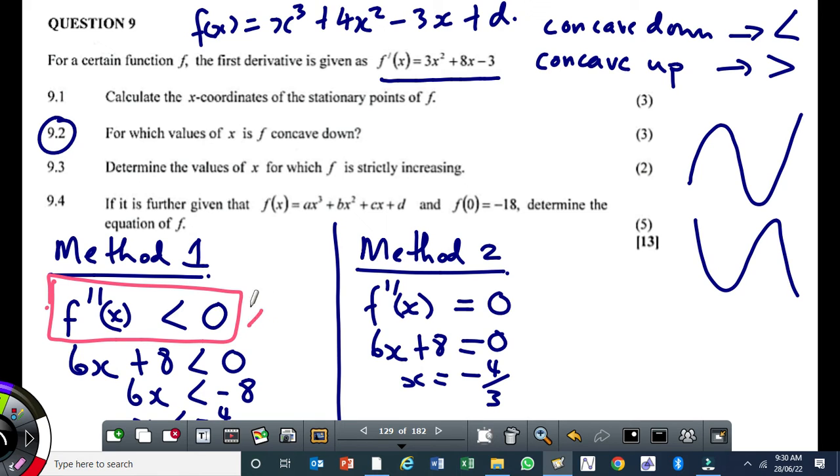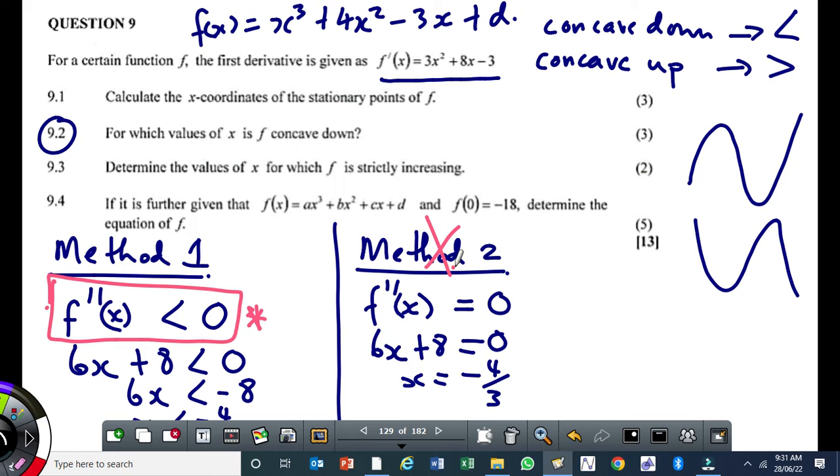Because if you don't know this, you are going to try to do it this way, and you get stuck after finding the x value at the point of inflection because you don't have the graph sketched. So how are you going to use it to get the answer? It's going to be a problem. But if you want, you can sketch that quadratic function and then try to work backwards. It takes long. So I'm not going to encourage this method for this question.